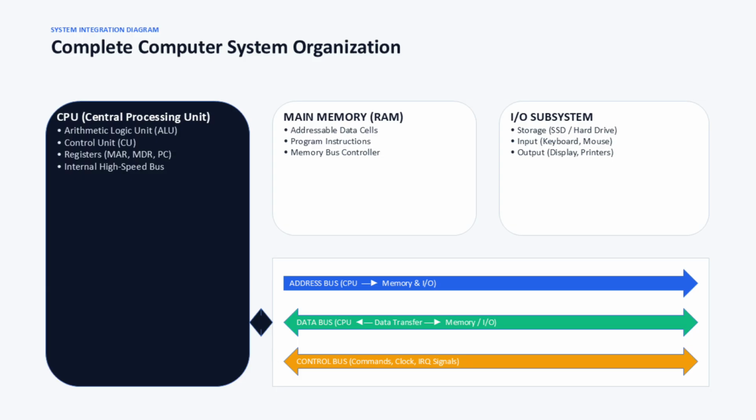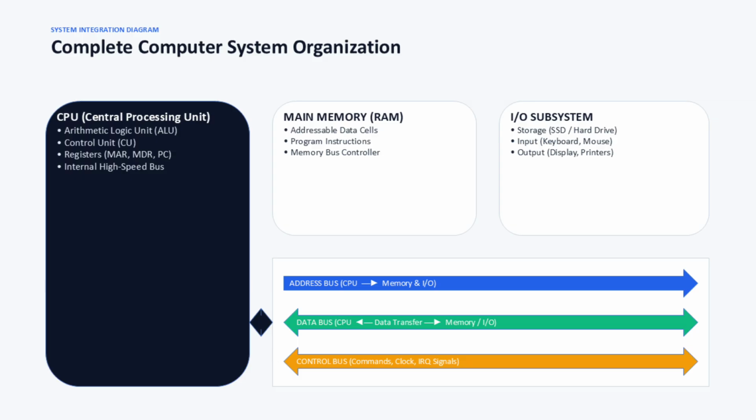Notice something very important. These three buses are not alternatives. Whenever the CPU communicates with memory, all three buses work together. For example, imagine you are opening a document stored in memory. First, the address bus identifies the correct memory location. Next, the control bus issues a read command and coordinates the timing.